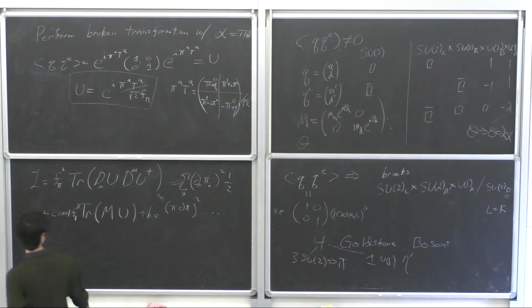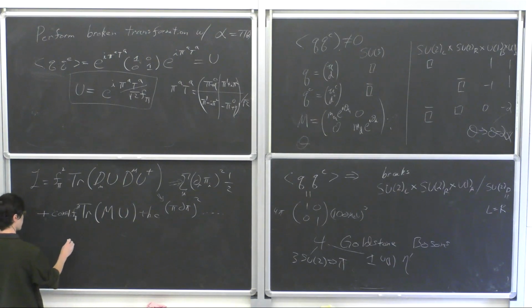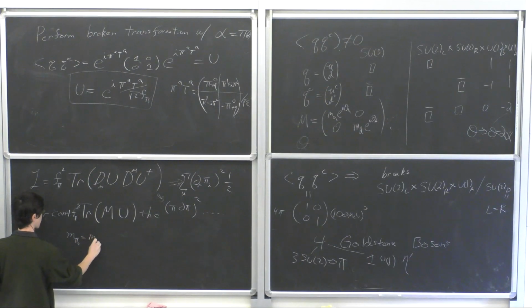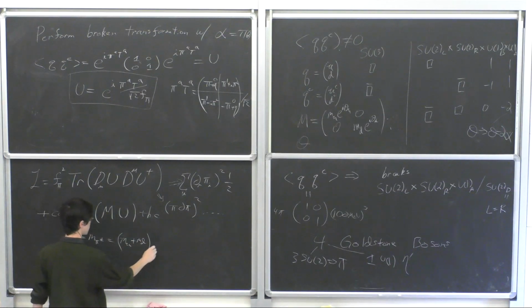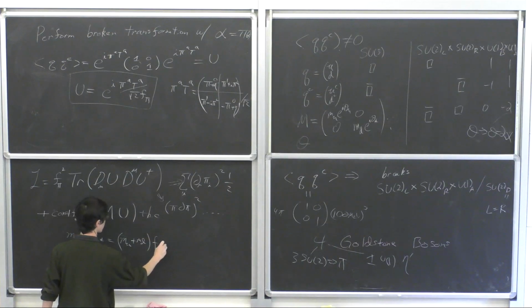What you get is, for example, things like m of the pion equals m of pi plus minus is something like mu plus md times this f pi times the constant.